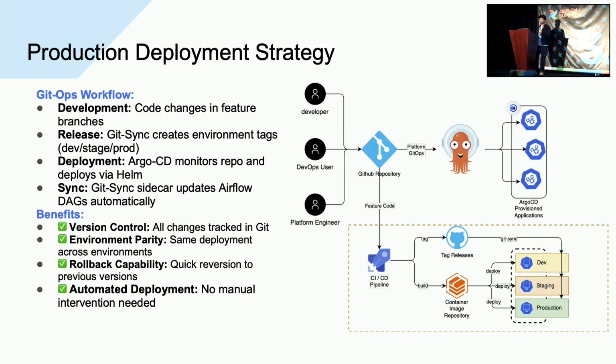Features are driven from ML researchers, but platform engineering happens with the DevOps users or platform engineers as well. So to manage all that, as you see in this diagram, we have a central GitHub repository where we perform GitOps using Argo CD and manage the platform changes and its deployment into multiple environments.